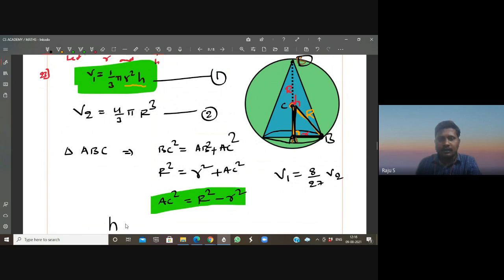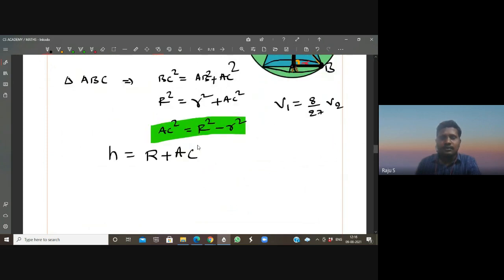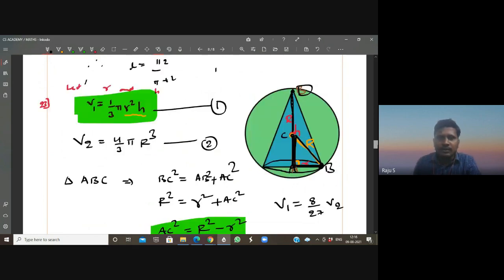So height can be written as capital R plus AC. This is the radius of the sphere, capital R, and this is clearly AC. So AC square, we know, from that AC can be written as root over capital R square minus small r square, so h is capital R plus root over capital R square minus small r square. Up to here, is it clear, students?